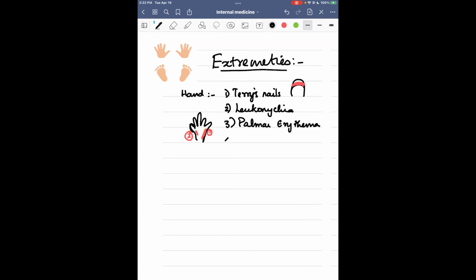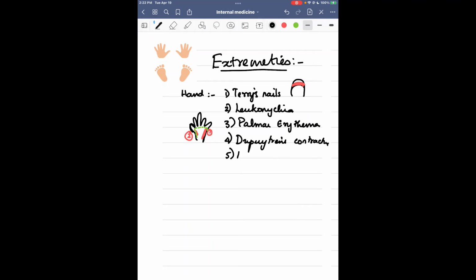And then we can also look for Dupuytren's contracture. What happens here is there is thickening of the palmar skin along with the skin near the base of the fingers. Because of this thickening, it will pull the fingers towards the center, and that is called Dupuytren's contracture.